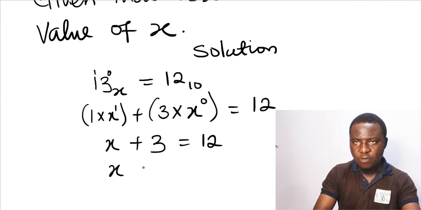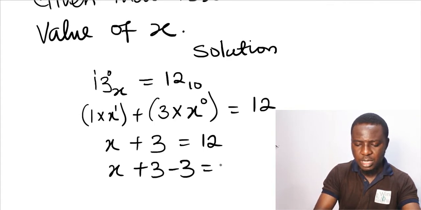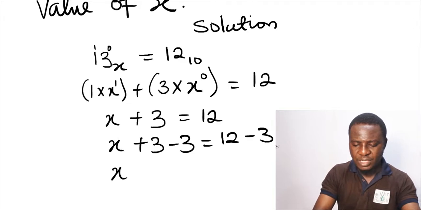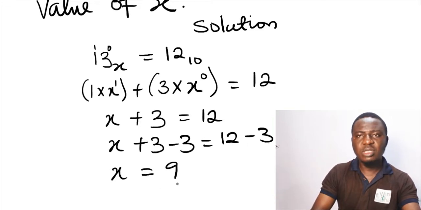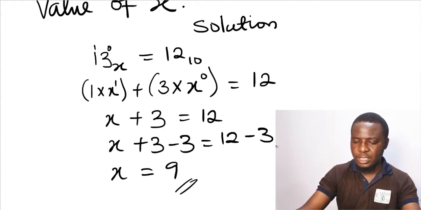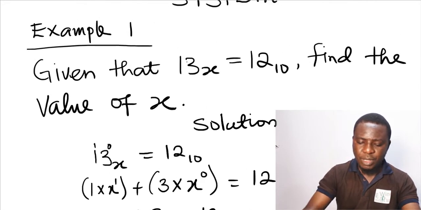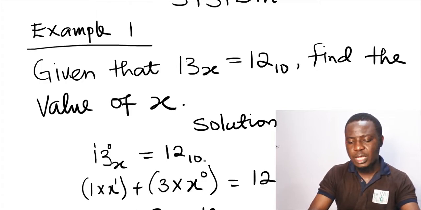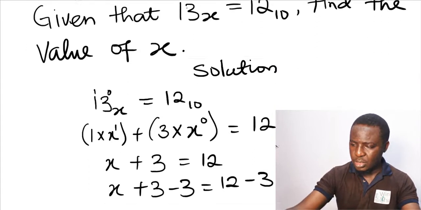When you subtract 3 from both sides, this becomes x plus 3 minus 3 is equal to 12 minus 3. So that what we have on the left hand side is x, because plus 3 minus 3 is 0, is equal to 12 minus 3 on the right hand side is 9. So definitely our x is said to be 9, meaning 13 base 9 is equivalent to 12 in base 10. That is your answer.